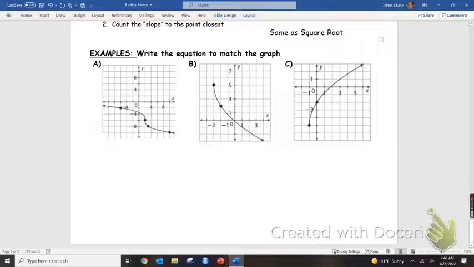So we're going to do these 3 examples. The first thing I notice on this first one, on example A, is that it's going left and right, both directions. So immediately I know that that is a cube root graph and not a square root, because it's going forever in both directions.